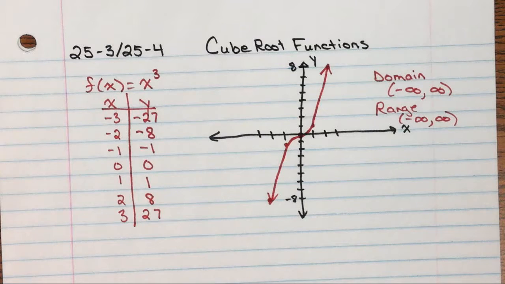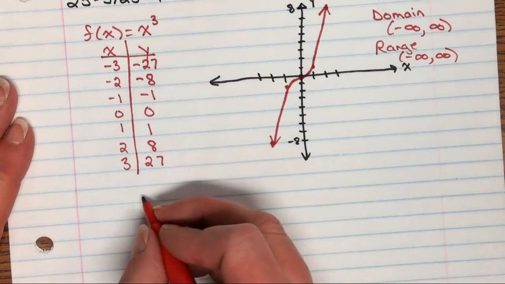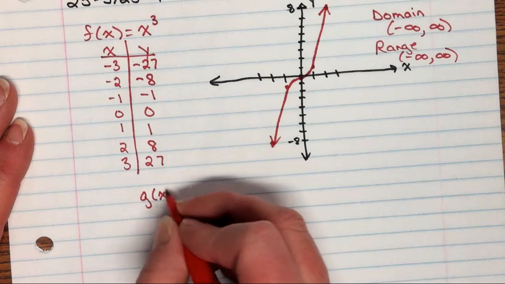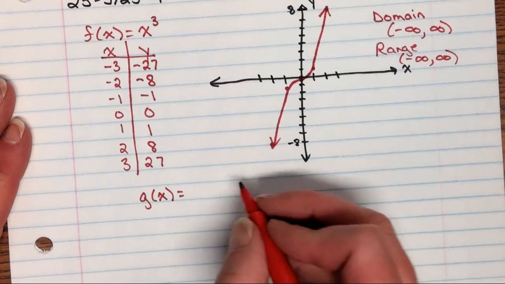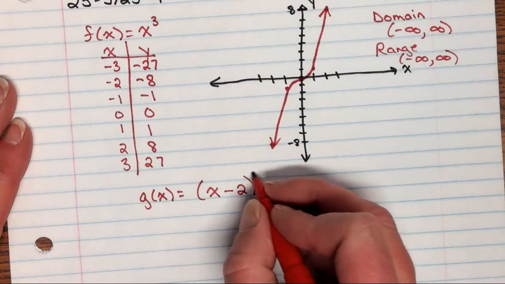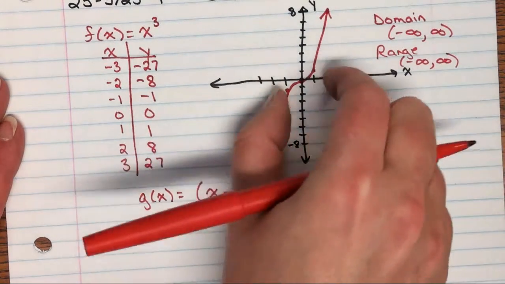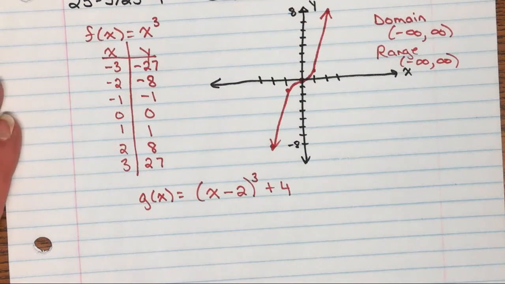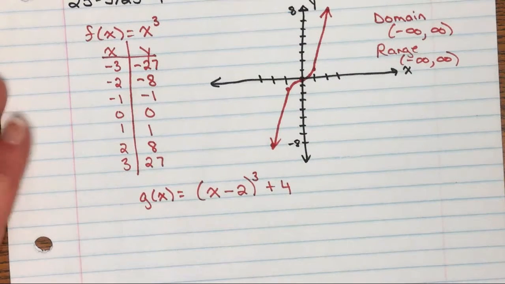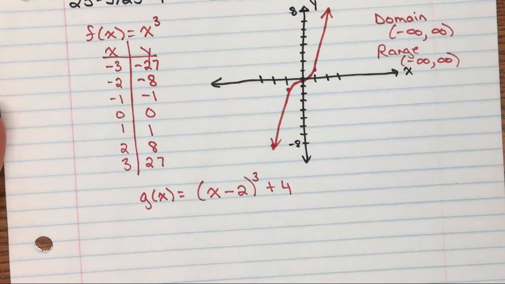But before we go there, let's think about transformations of even x cubed. If we had g of x equals, let's say, (x minus 2) cubed plus 4. What do you think would happen to that parent graph if we changed it to that? Knowing what we know about transformation.